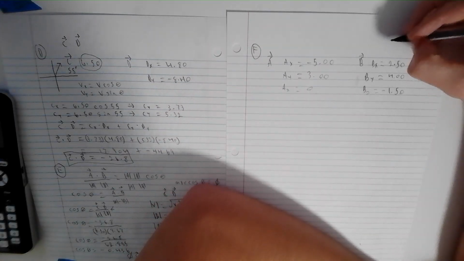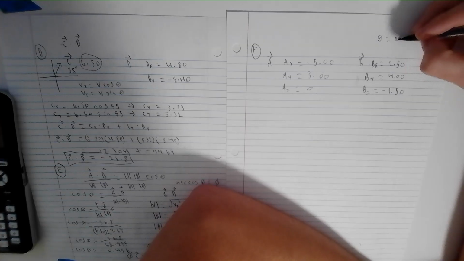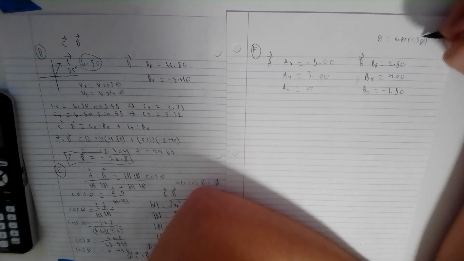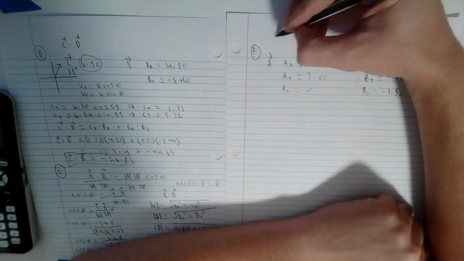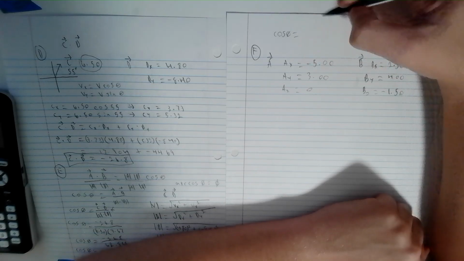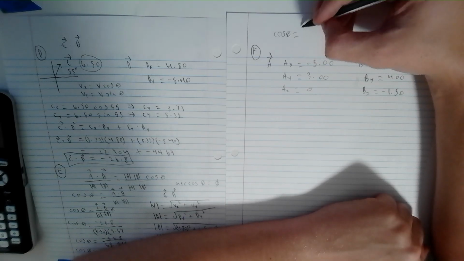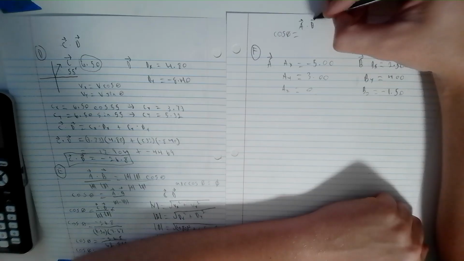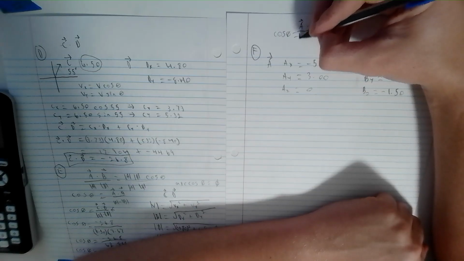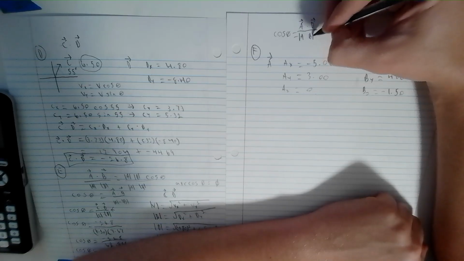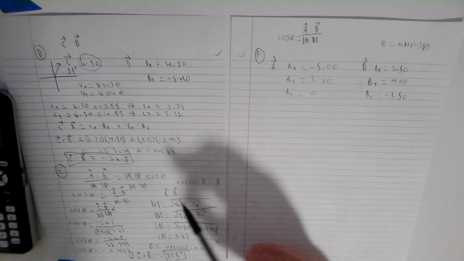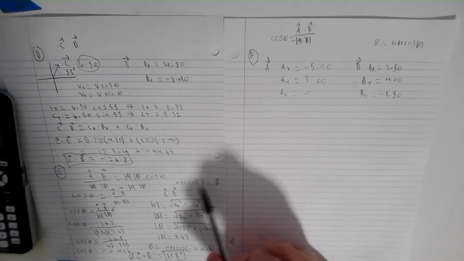So to find the angle, theta equals the arc cosine, and to find the theta for the arc cosine, we're going to be taking cosine theta equals the two vectors, so the vector A times vector B, so the dot product, over the magnitude of A times magnitude of B. And remember, that's all from the dot product formula over here.